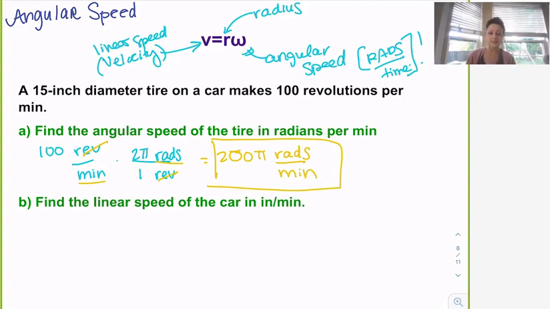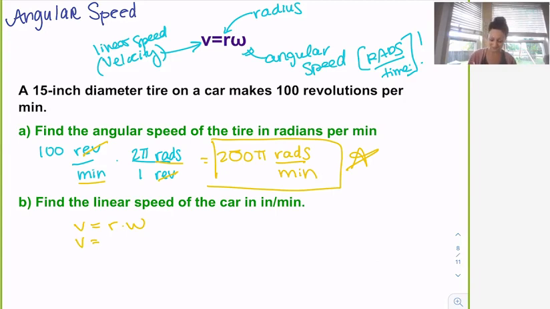Okay, then it says find the linear speed of the car in inches per minute. Okay, so now I'm good to go. I can use that V equals R omega because now I have my rads per unit of time, right? So let's plug that in. I've got V equals R times omega. V is what I'm looking for. That's my linear speed. What is R?